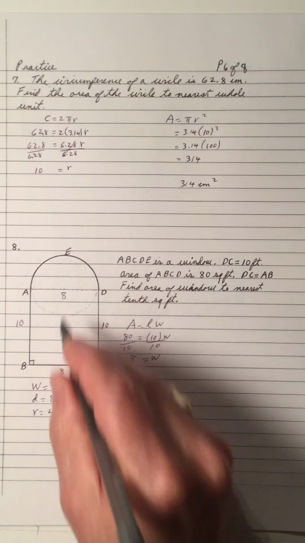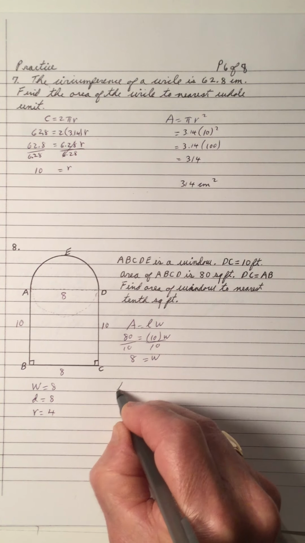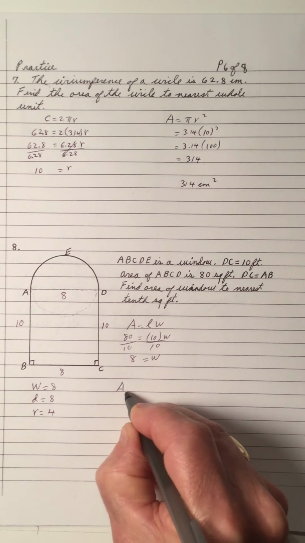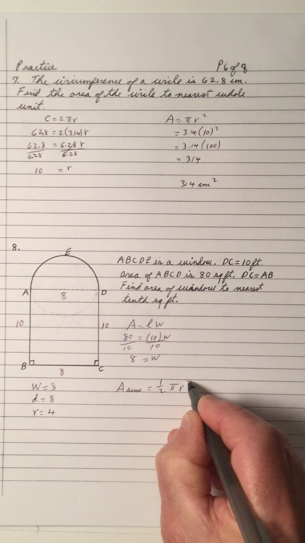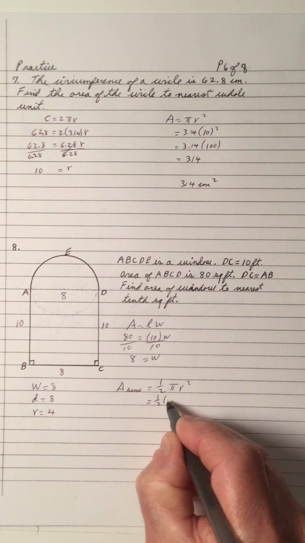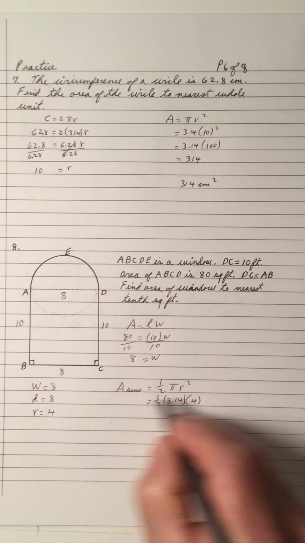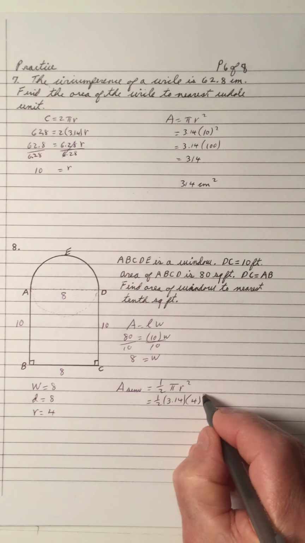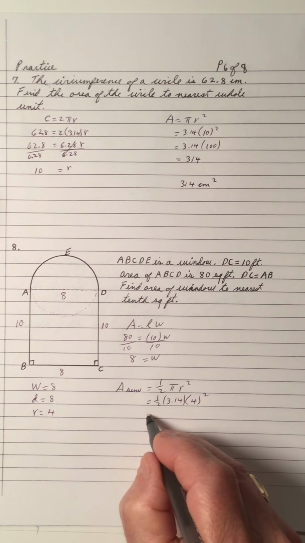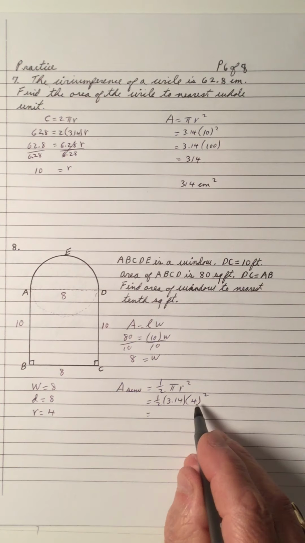Since I have a semicircle, the area of the semicircle is half the area of a circle. So it's a half times 3.14 times 4 squared.